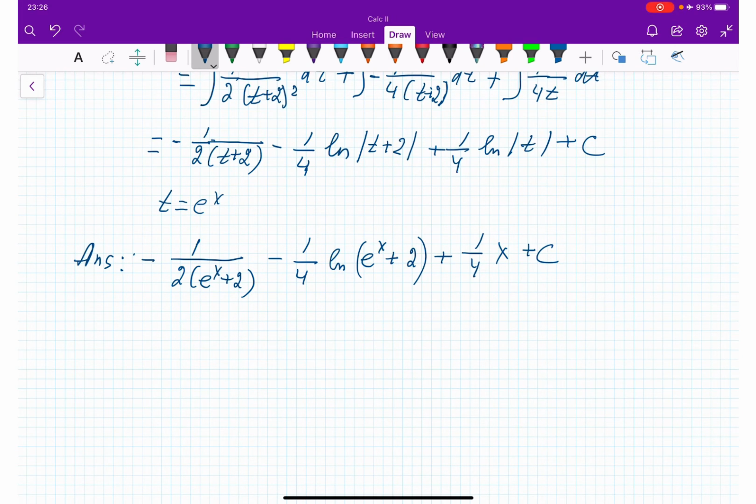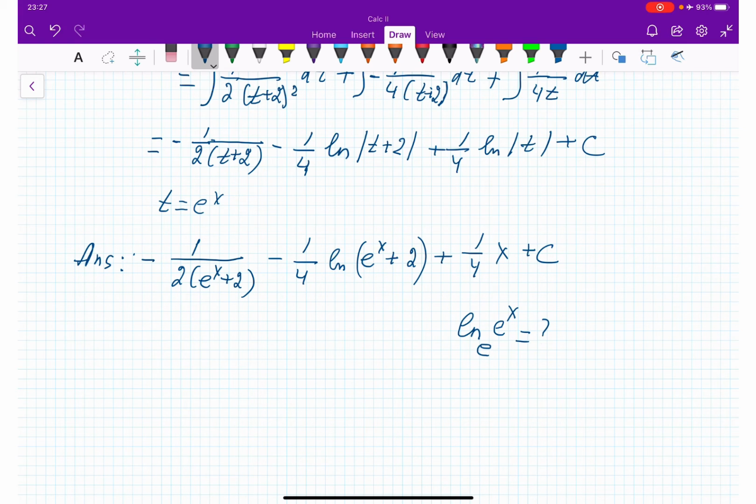I'm sure some of you are wondering, how come with natural logarithm of e to power x we got x? Very easy. Natural logarithm means my base is e.